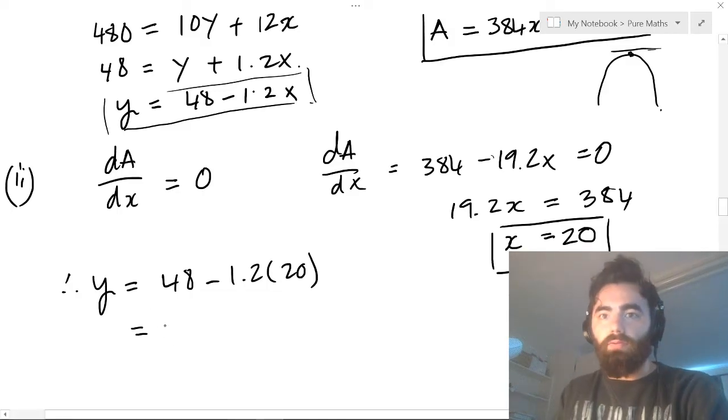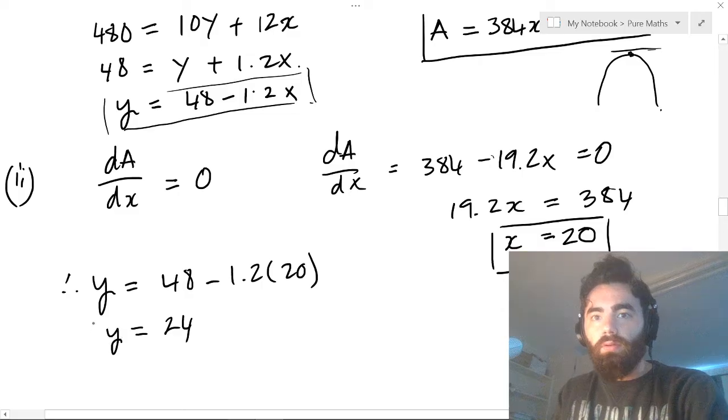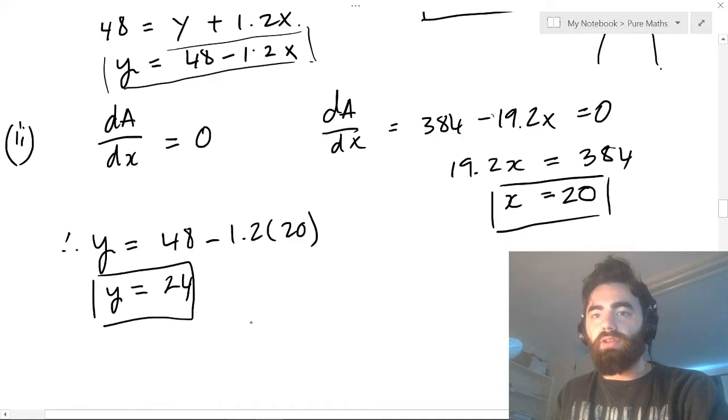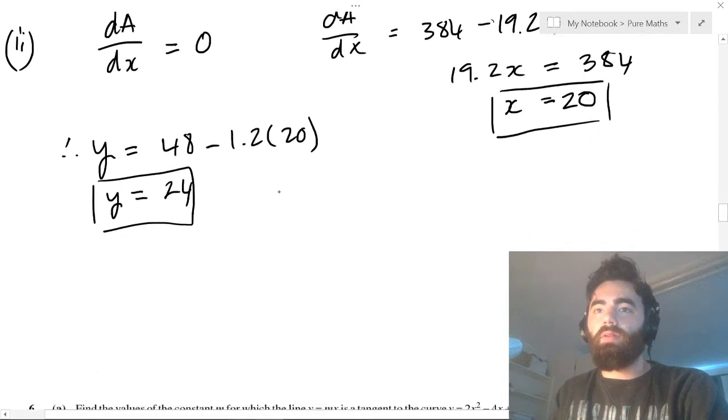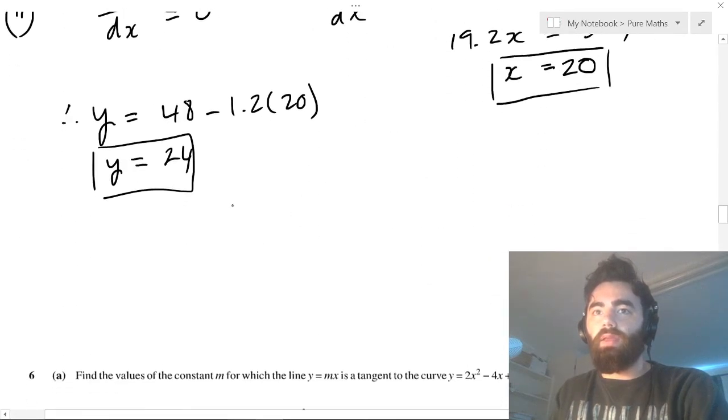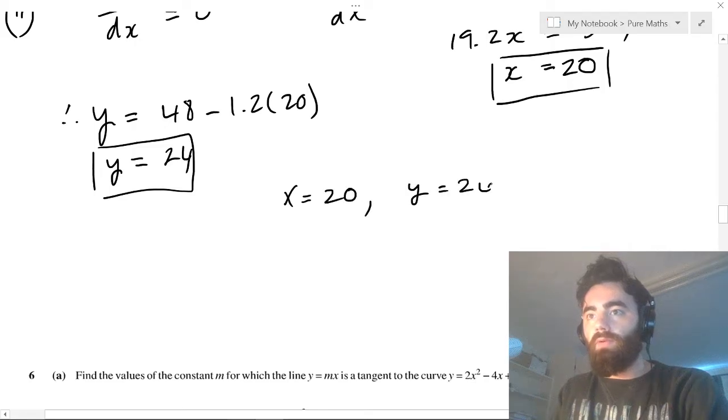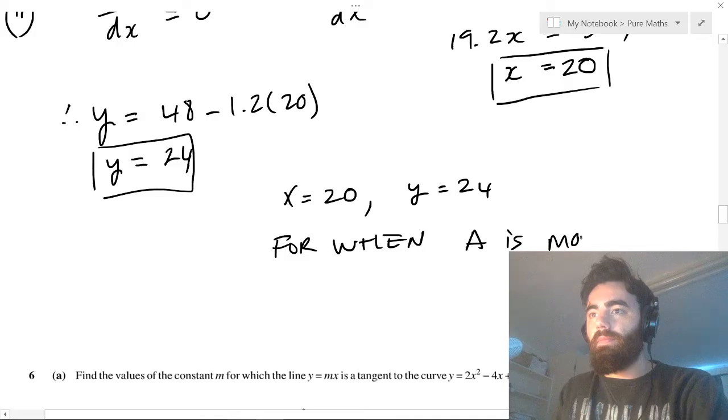So y is 24. So the dimensions of the pens are x equals 20 and y equals 24 for when A is max.